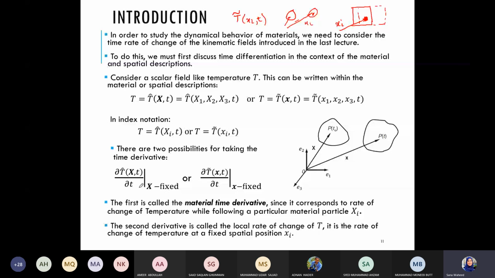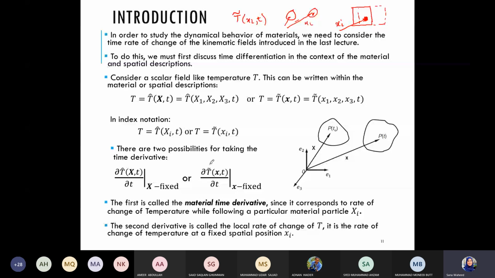What it means physically is that when I am considering the material description, capital X, then I'm keeping the capital X fixed, right? Which means that I have just fixed myself onto a particle, and I'm looking at the rate of change of temperature of that particle.